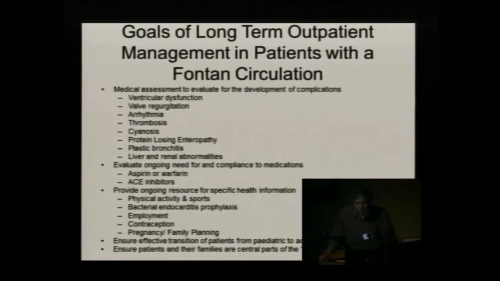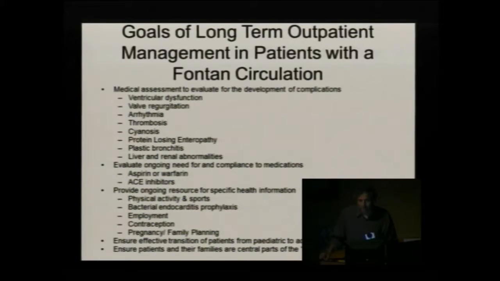So we also want to evaluate the ongoing need for and compliance to medications, and they include blood thinners and medications for heart function. But equally importantly, the outpatient care should be a resource for provision of specific health information.